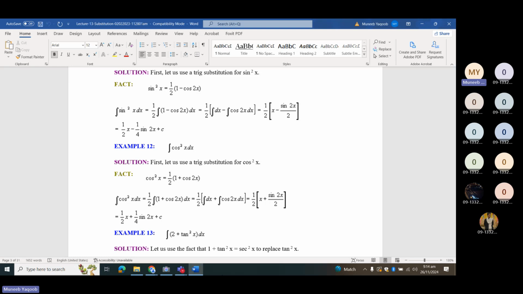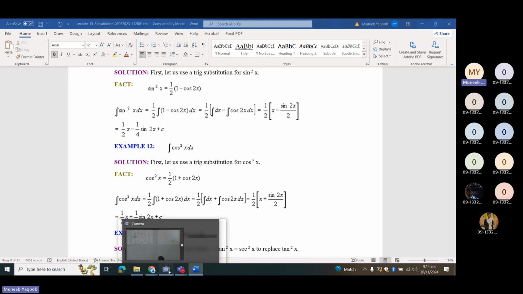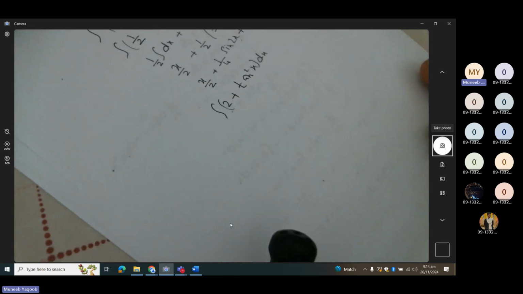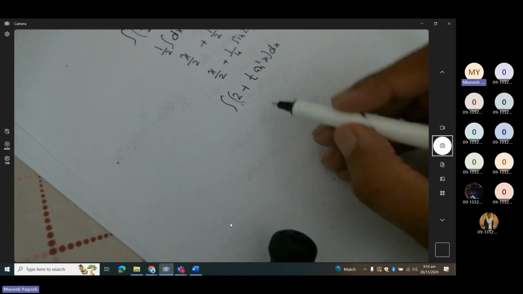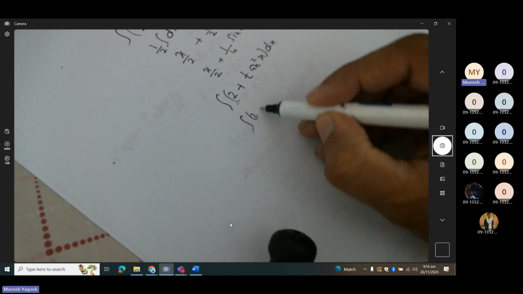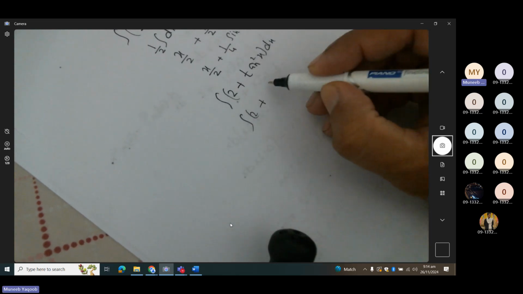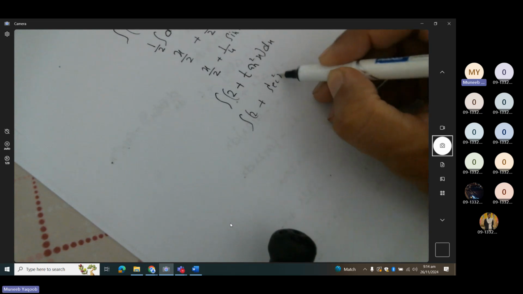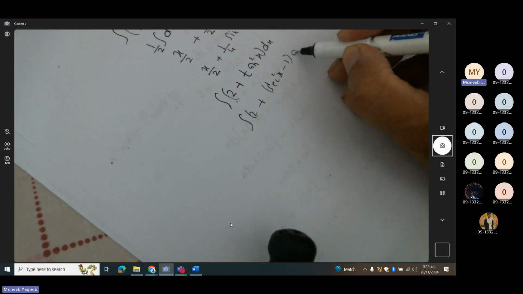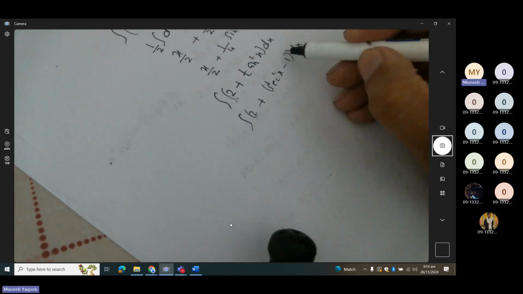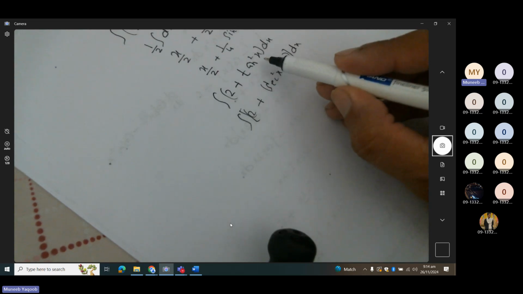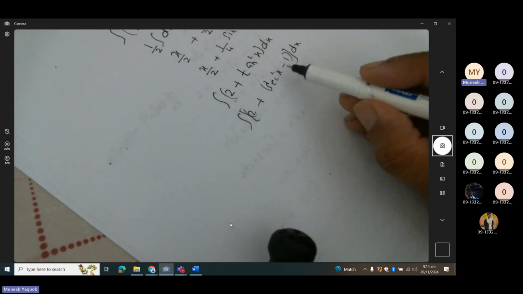So how will we integrate this function? It's very simple. First of all, we will convert this tan square x into secant square x minus 1. Again, we will use a trigonometric identity. So in place of tan square x, we wrote secant square x minus 1.